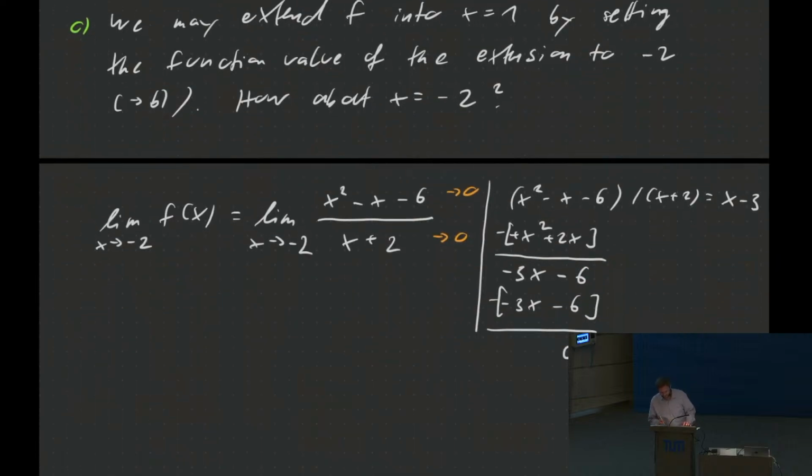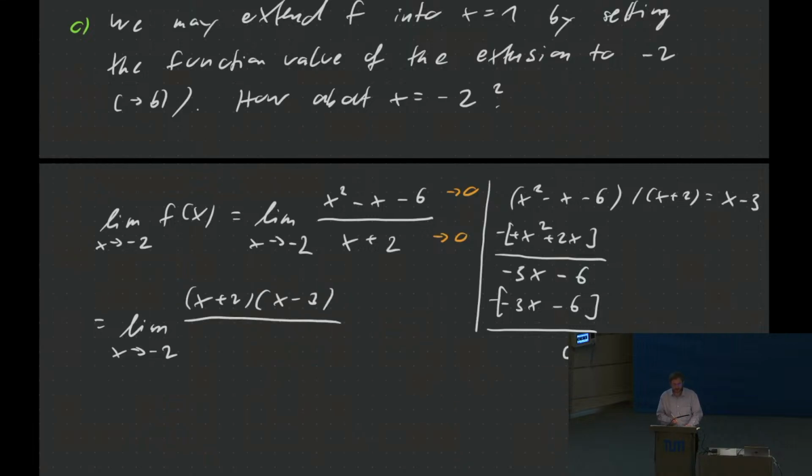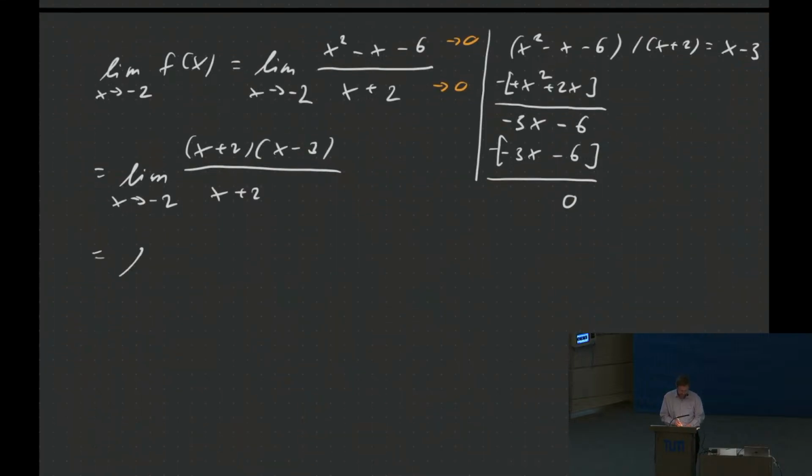So as expected, it works out. And that means finally what we have here is x plus 2 times x minus 3. So that's the factorization divided by x plus 2. So we can again reduce that, cancel out the x plus 2 factor, and we get x minus 3. Right? And now we can just substitute the value minus 2 for x, and we get minus 5.